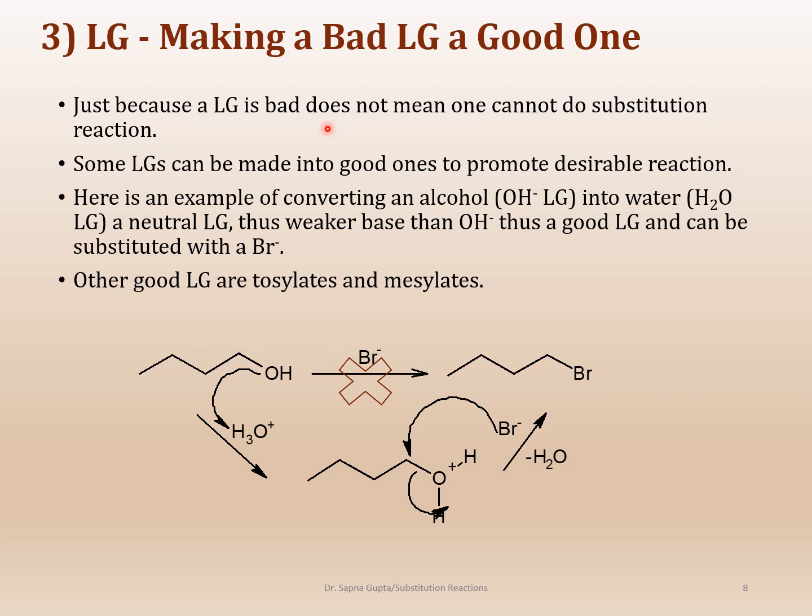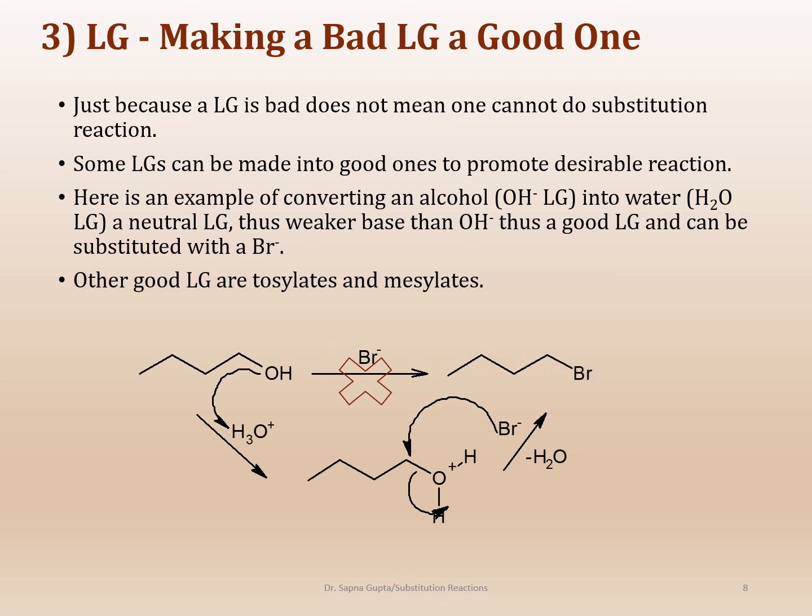So in some cases, you want to do the reaction with the particular starting material you have because you don't have money to buy any other chemicals. So you're like, I need to do it with this. This is the only thing I have in my lab. So in those cases, what you do is you try to manipulate the reaction. One of the things that I've written out over here for you is that if you start with an alcohol and you want to do this kind of a substitution of an alcohol with the bromide, it's not going to happen.